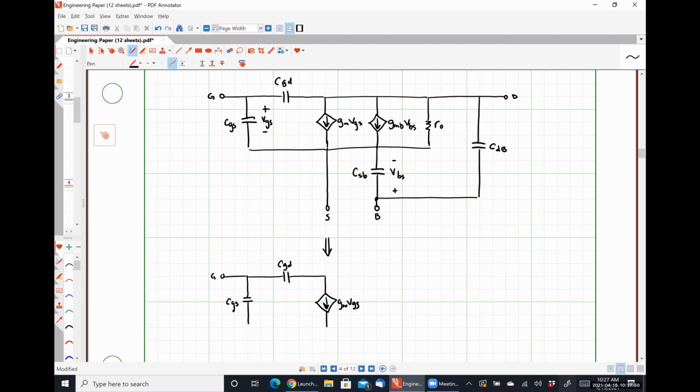GM VGS. We are for sure not going to have any body effect. CDB, yeah, sorry, I'm trying to figure out why I drew a capital B there because I shouldn't have. Here is our drain.